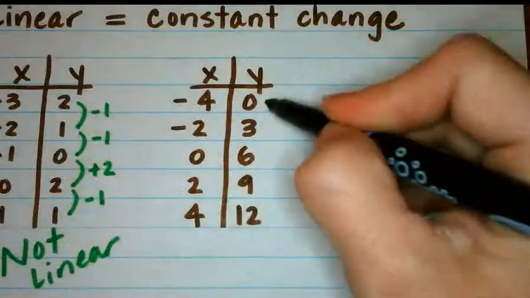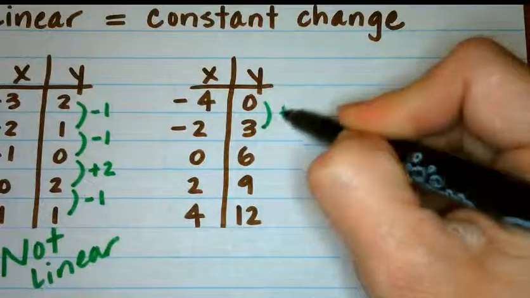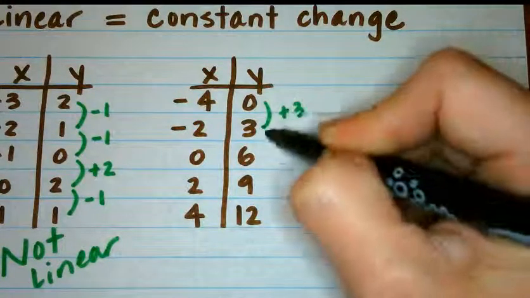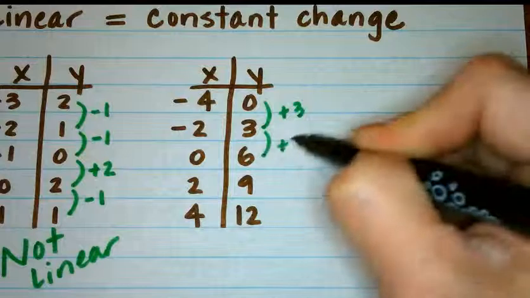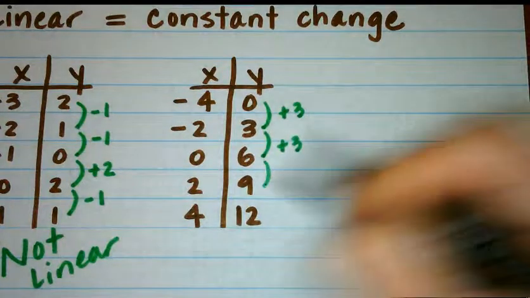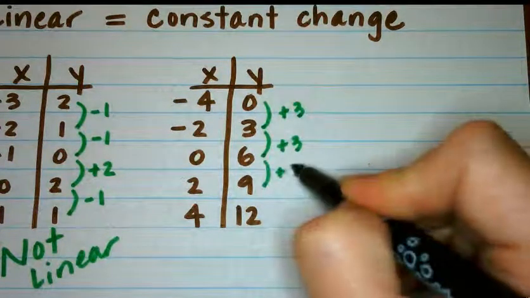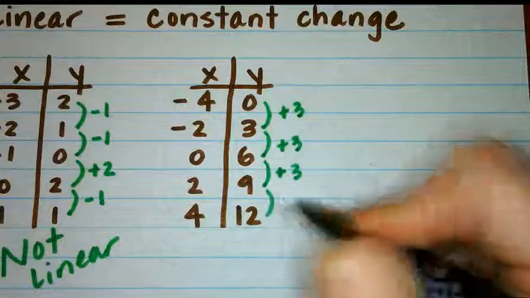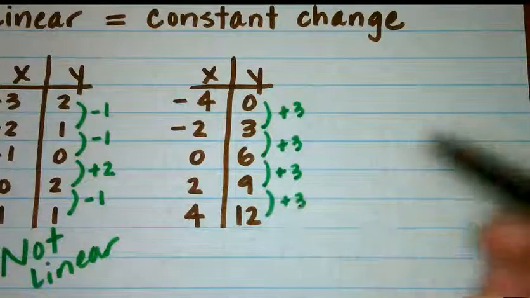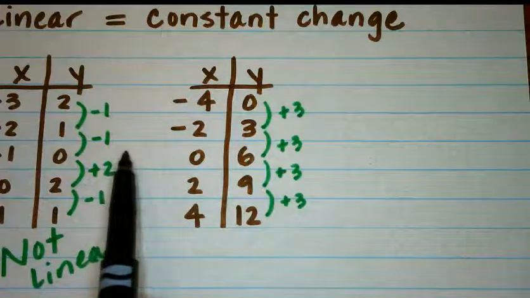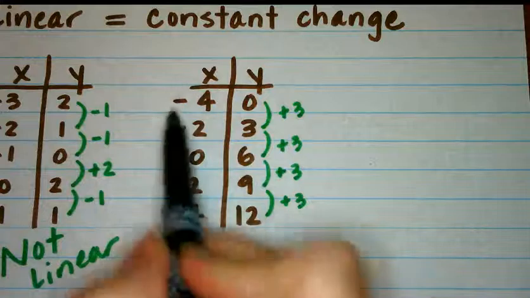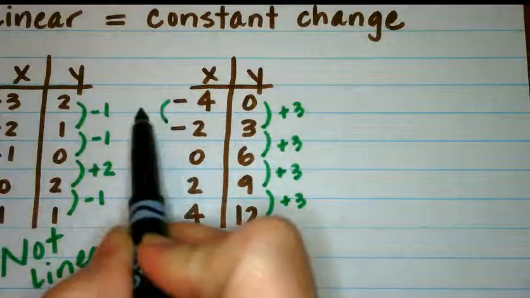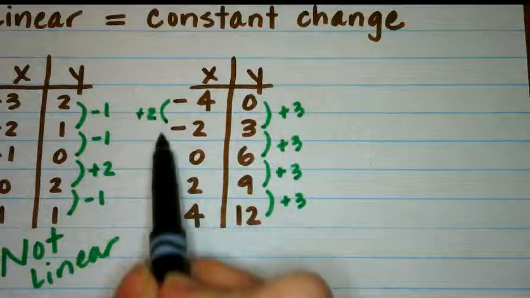Looking at this one, from here to here, you would add 3. From here to here, you would add 3. From here to here, we had to add 3. Now we need to come over and check our x column as well. From here to here, there's plus 2.